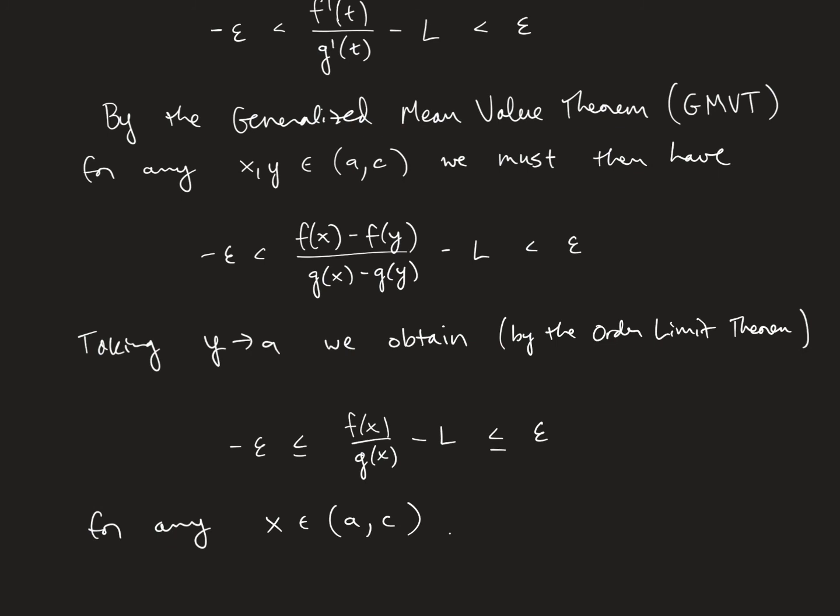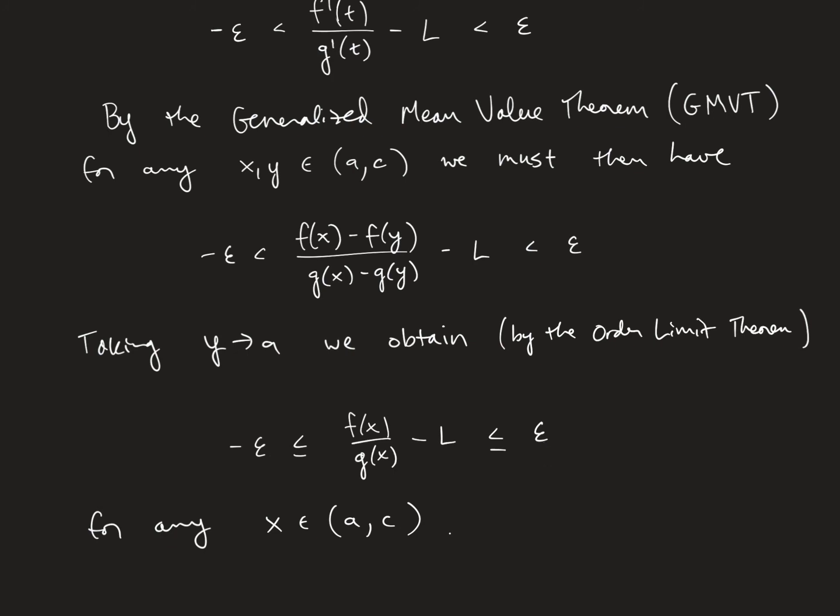And so we're basically done here. We've shown that for any x in this interval from a to c, where c is a plus delta, the difference between f of x over g of x and L is less than or equal to epsilon in absolute value.